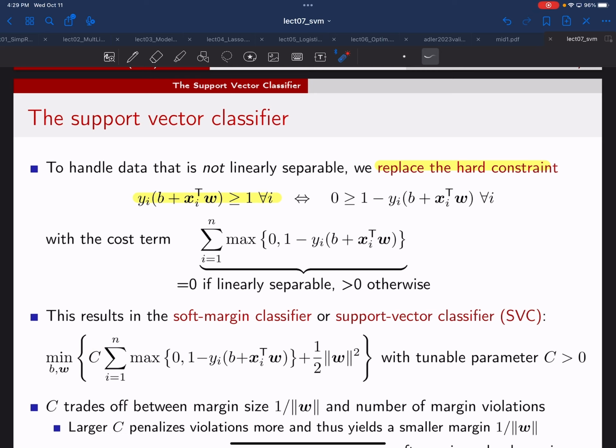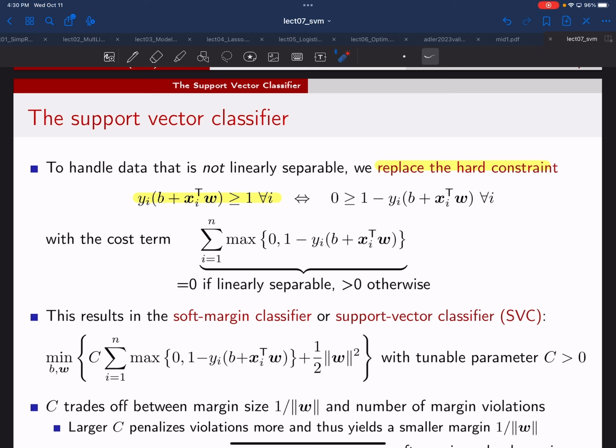But you can see that when you do this minimization, you're simultaneously trying to make sure that there's no violations of your linear separability, right? So in some cases, you can squash this part all the way down to 0, which means there's no violations at all. But you're also trying to minimize this. And so minimizing W, if you remember, is the same as maximizing the margin.